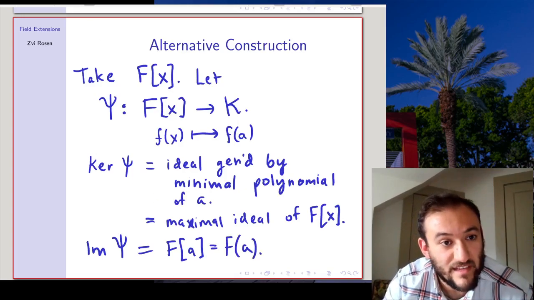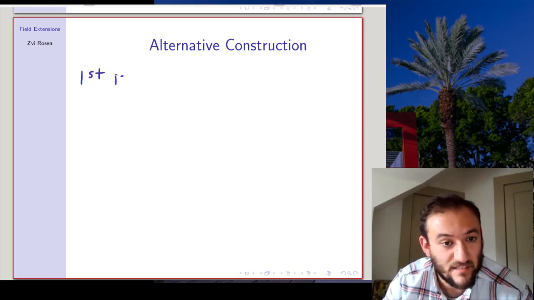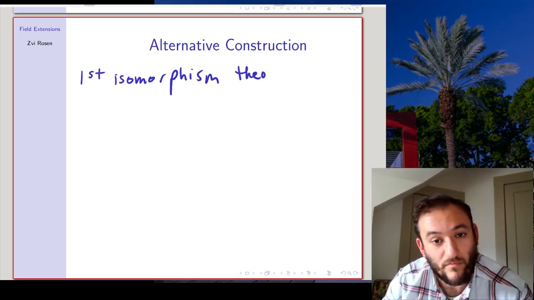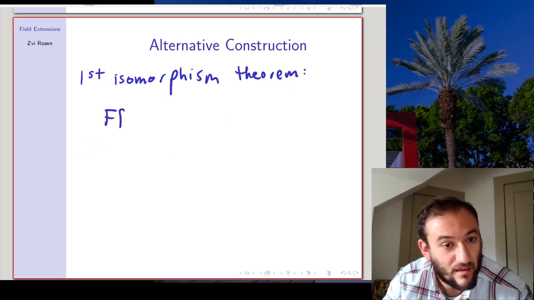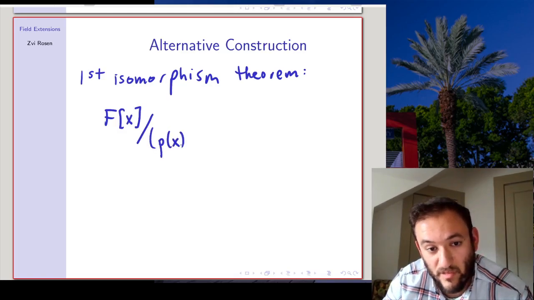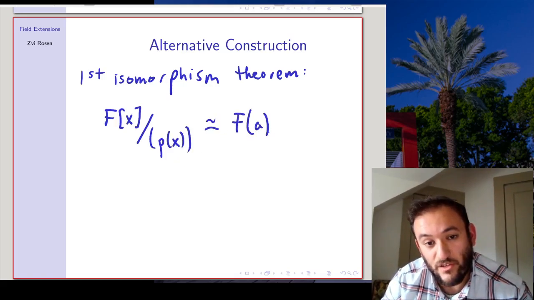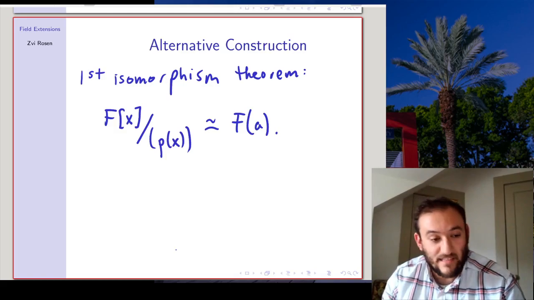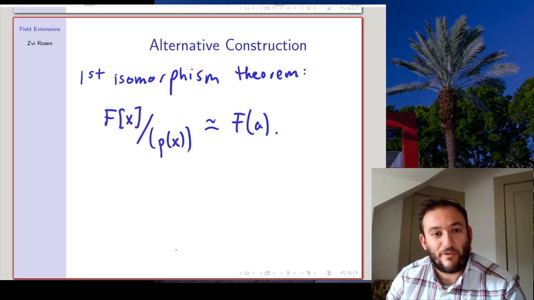So another way of putting all of this is that using the first isomorphism theorem, we've really defined this field as F[x] modulo the minimal polynomial of a, and that's isomorphic to F(a). So that's another way of looking at the same thing, and it'll give us ways to construct field extensions going forward. Thanks so much.